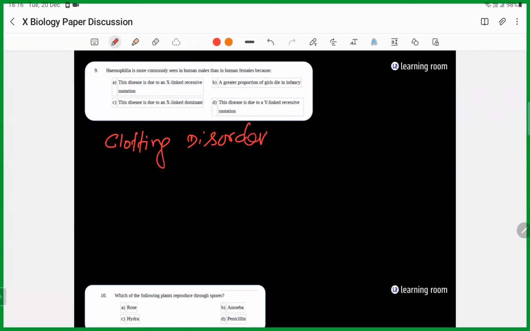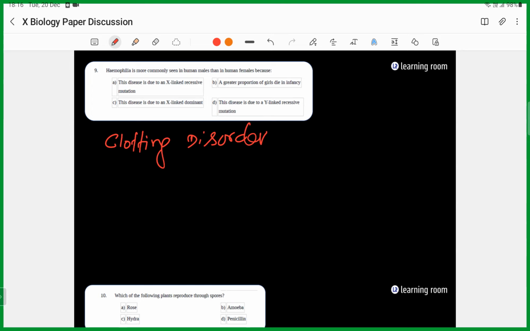In this patient, the blood will not clot. If any injury comes, blood keeps on losing from the site of injury.